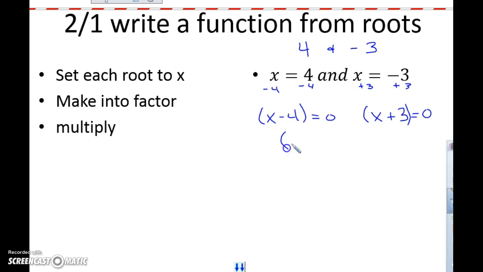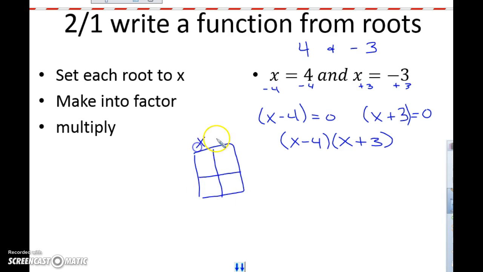And then we're going to multiply them together to get it in standard form. We're going to FOIL it. Remember how we said the roots and the factors were essentially the opposite of each other? That's what we're doing so far.